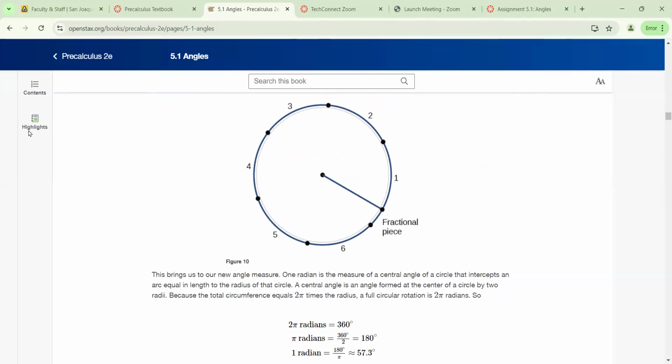When we complete one rotation, starting from the initial side and going around, that's 360 degrees, and that is equivalent to 2 pi radians. 2 pi radians is equal to 360 degrees. If we divide by 2, pi radians is equal to 180 degrees.